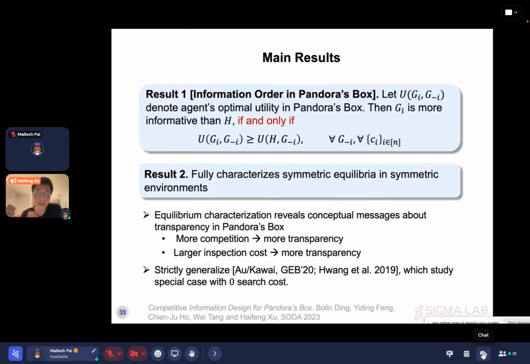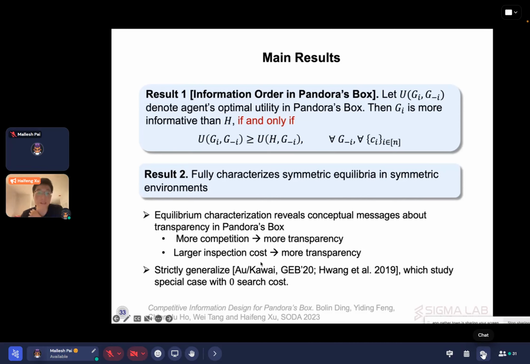For example, it tells us when you would expect transparency, or more informative box information revelation in Pandora box. In particular, more boxes or more competition, you have many boxes, that would lead to more transparency. That would encourage boxes to reveal more information to the agent.